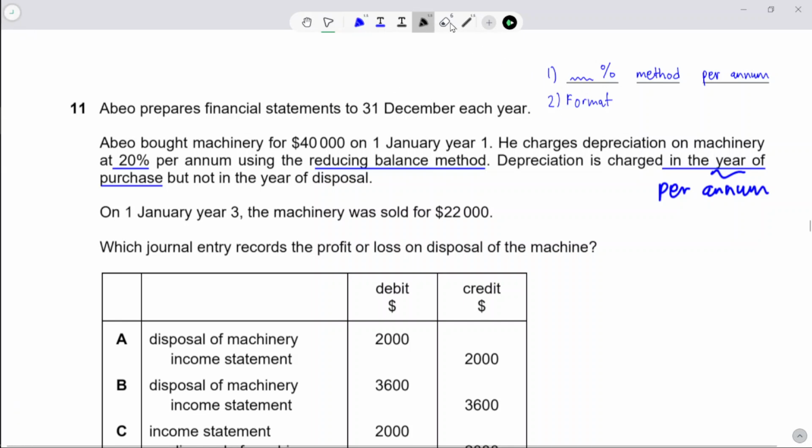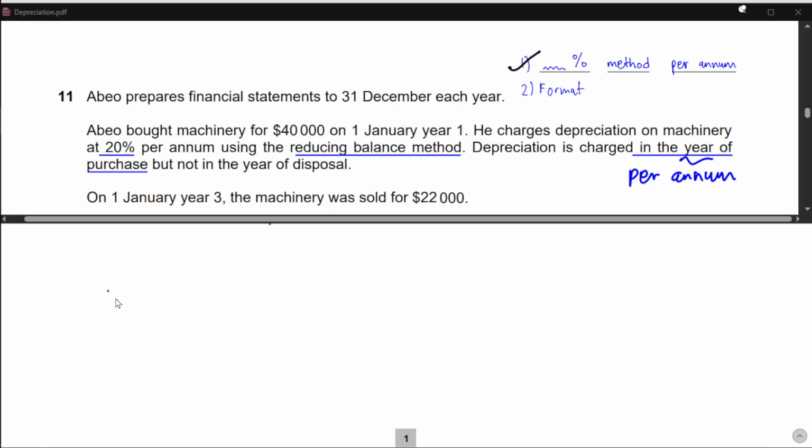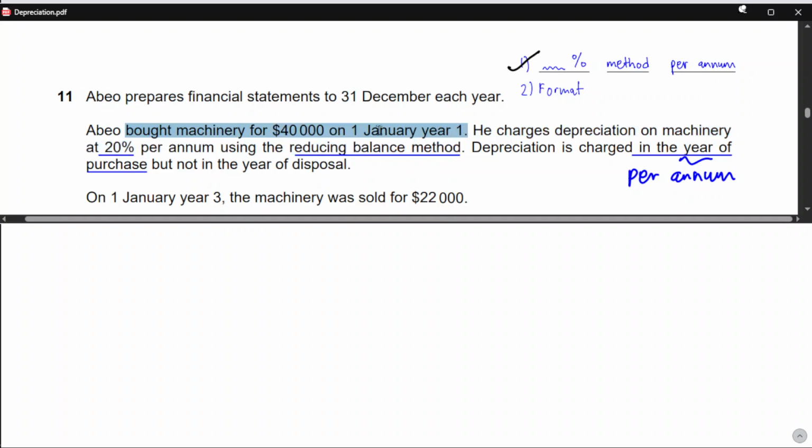Now let's do the format. Say it is bought year one, 1 January. I use the first year. So on January 1 it's cost.